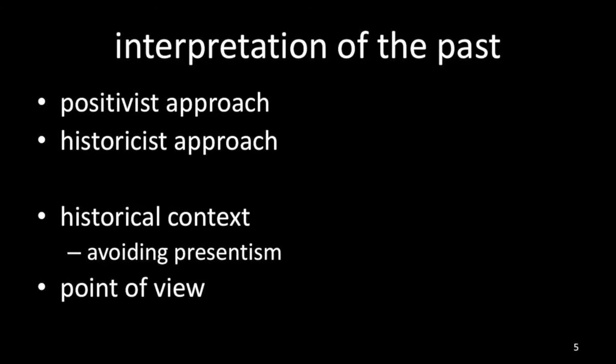That understanding the time itself and its cultural codes, the ways of life that go together to create that historical time, this context is very important in interpretation and in understanding documents.